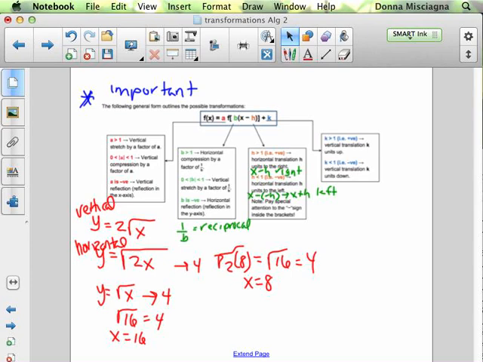So if instead I had the square root of 1/2 x, that's going to be a horizontal stretch, because if I want to get to 4, now I have to plug in 32.